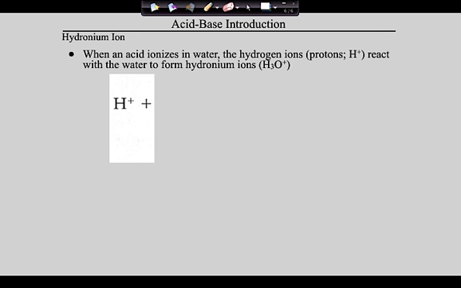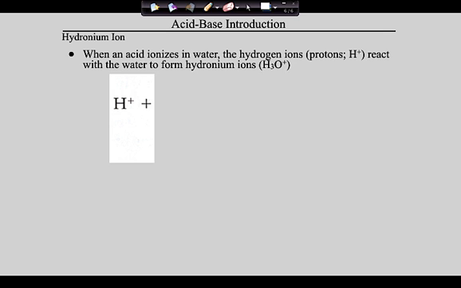Says who? Bronsted-Lowry and Arrhenius. That's what acids do, they give away protons. So now let's ask this question. When do acids give away protons? When they're mixed into water.